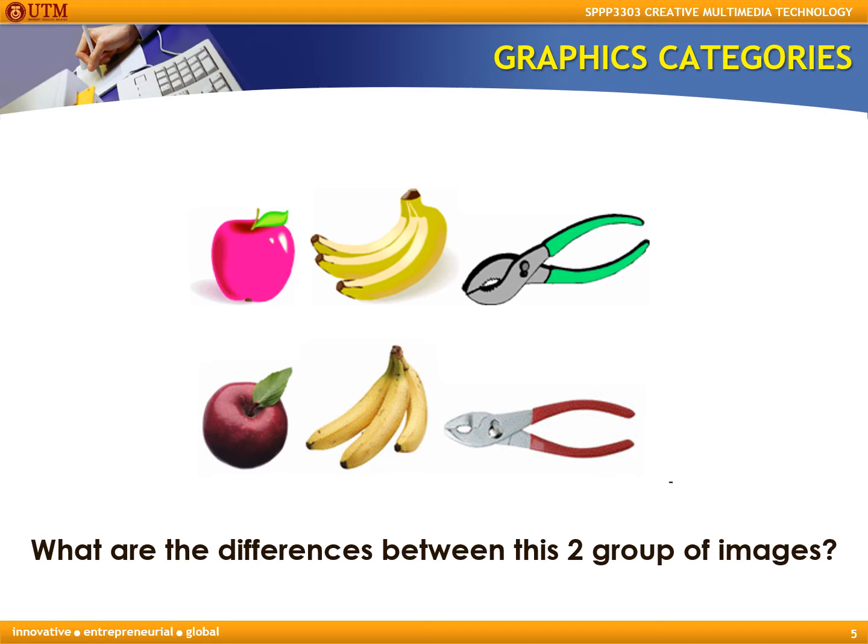While the other group is images of real objects. If you zoom in on the first group, the quality will stay the same. On the other hand, if you zoom in on the images of real objects, no matter the quality, it's going to be pixels at the end of the day. These are the main differences between pixels and vectors.